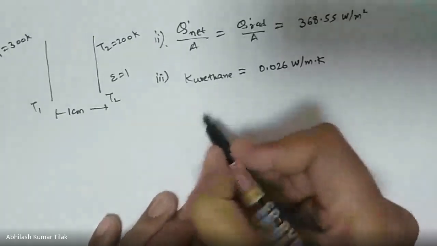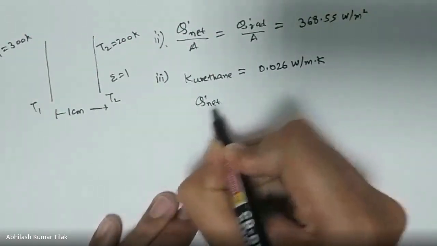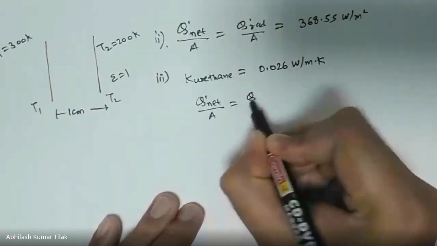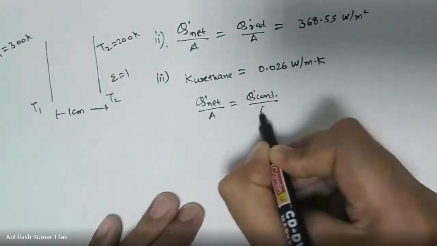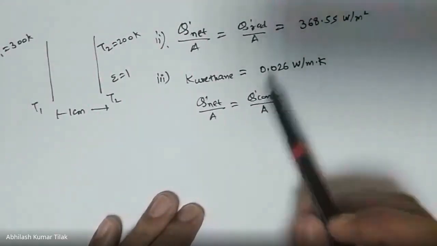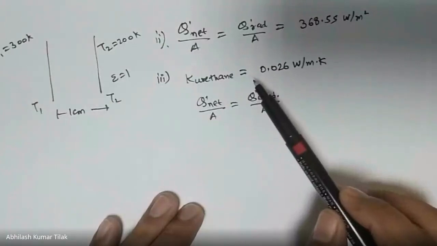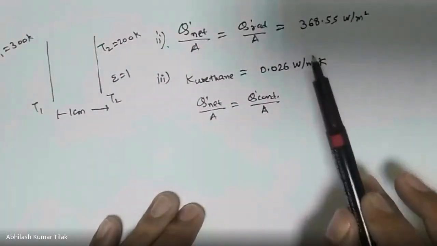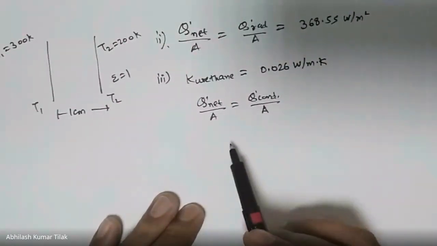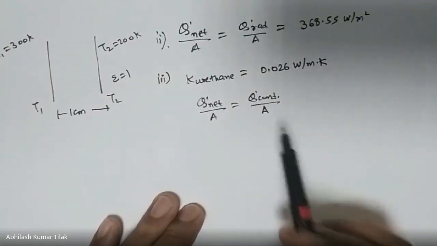I can write Q net upon area is equal to only Q conduction upon area, since the thermal conductivity accounts for the radiation heat transfer also.